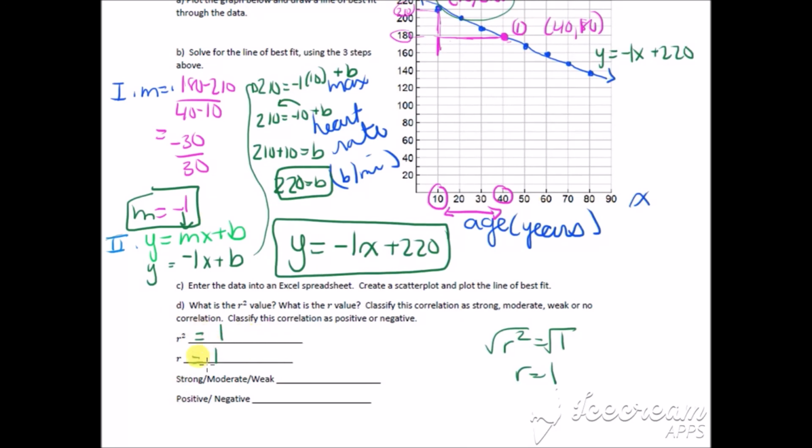So our r is actually going to be negative because we're descending, we're going down. So this is strong. It's actually not even strong. This is perfect. Perfect linear, which you rarely get in real life. And then this is negative because you're going down. So it's a perfect negative correlation. We can write that down.